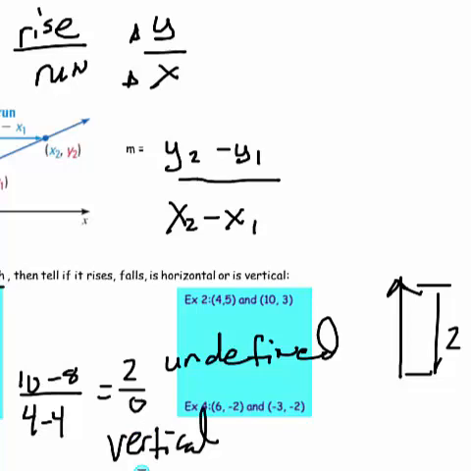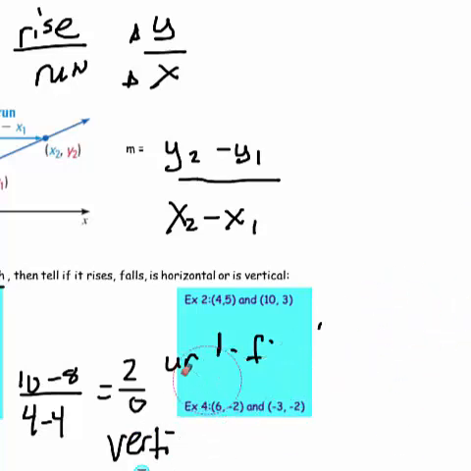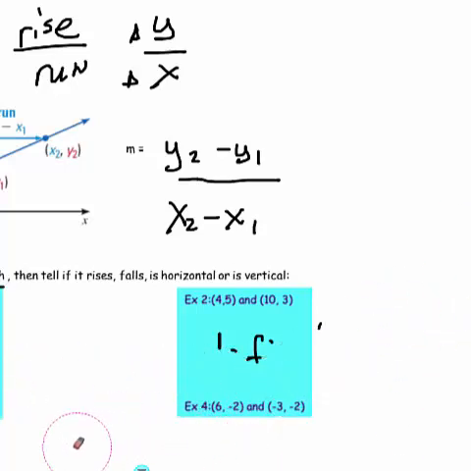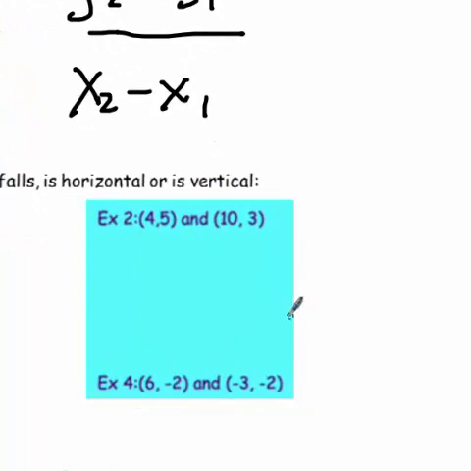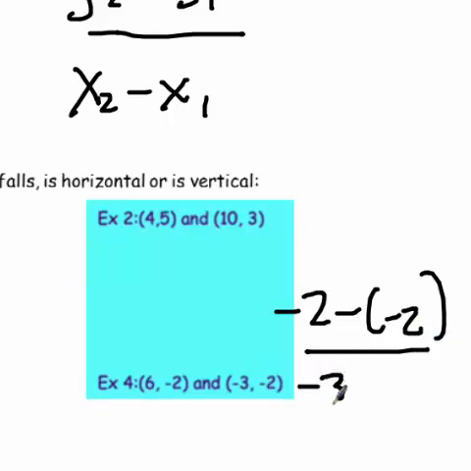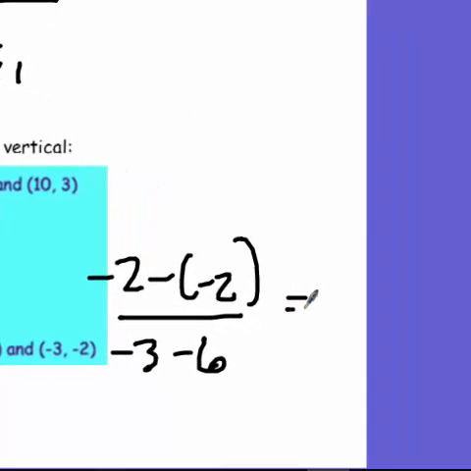So vice versa, let's look at example 4 and see what happens there. Well, in example 4, I'm going to do y minus y, so I'm going to do negative 2 minus negative 2, and I'm going to do negative 3 minus 6. So that would tell me that is 0 divided by negative 9.